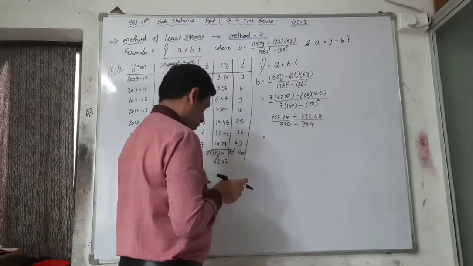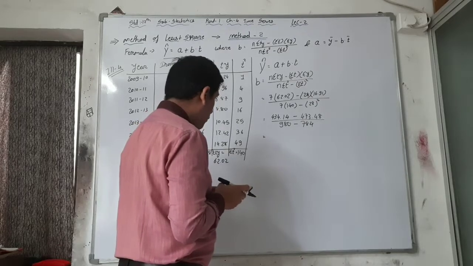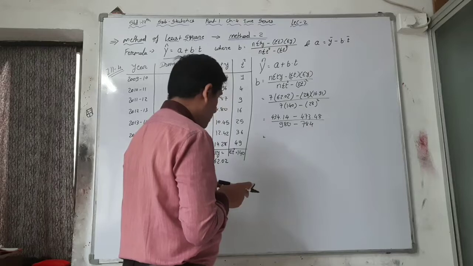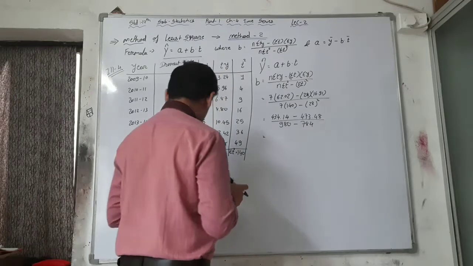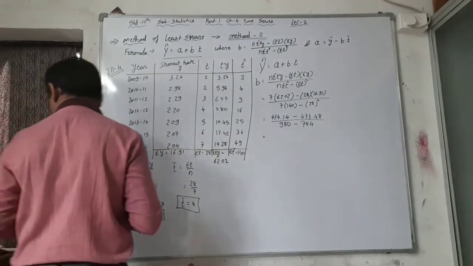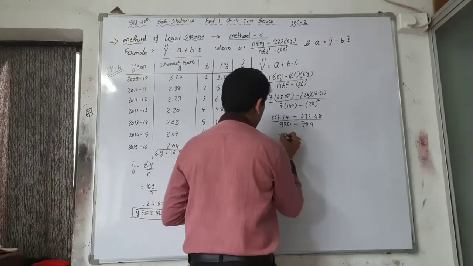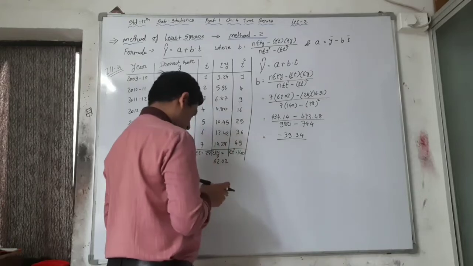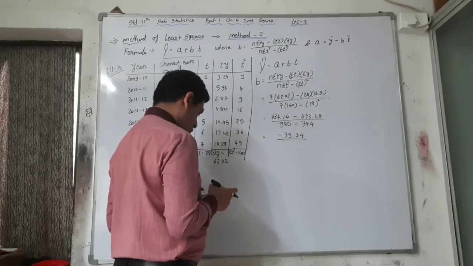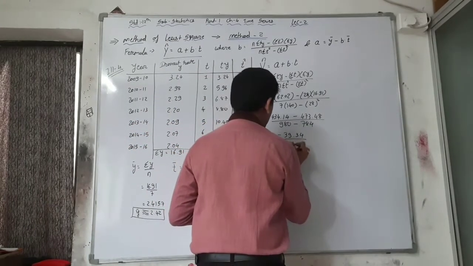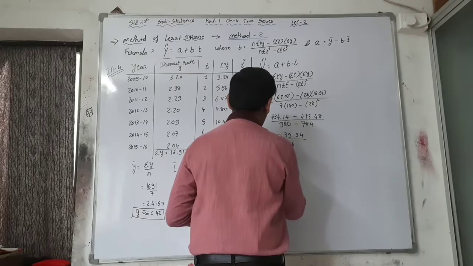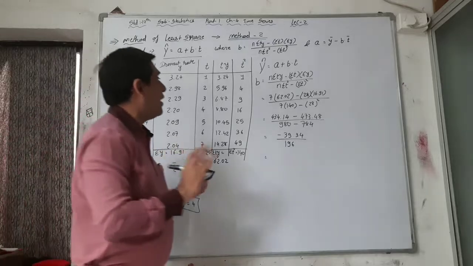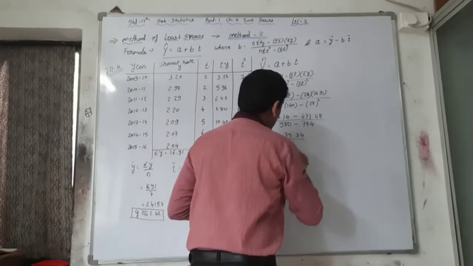So subtract and divide it. 434.14 minus 473.48, that is minus 39.34, upon 980 minus 784, 196. See, the answer is negative, so don't hesitate that here minus will come.